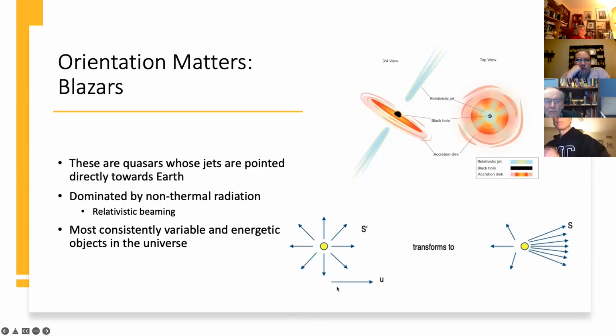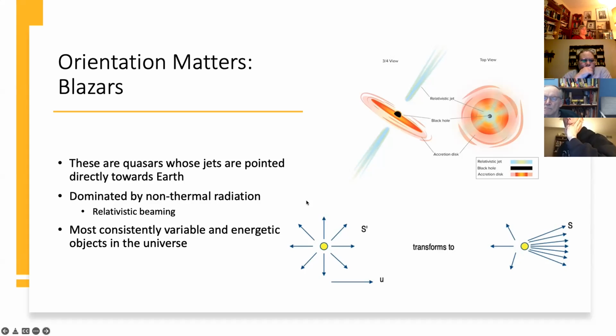In the frame of the charged particle emitting light, it appears to itself to be emitting light in all directions. But from an outside observer, you'll notice that the intensity of light collimates in the direction of movement of these charged particles. So if these jets are shooting directly towards us, the light collimates directly towards us and increases the apparent brightness, the brightness that we observe.